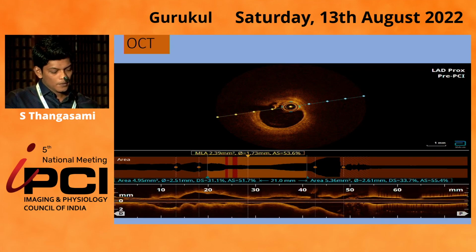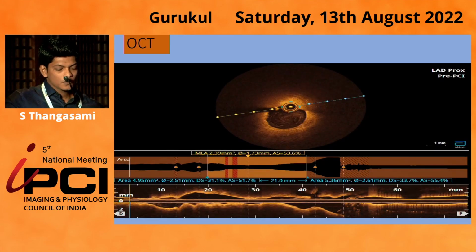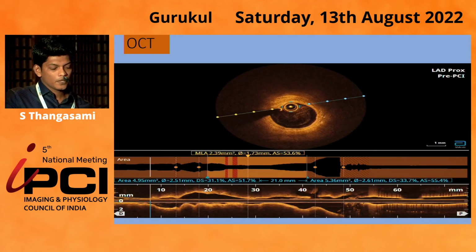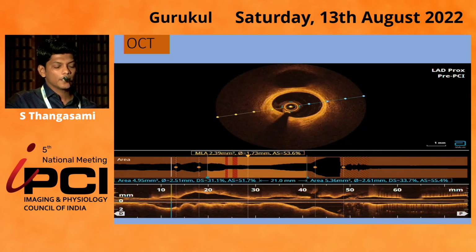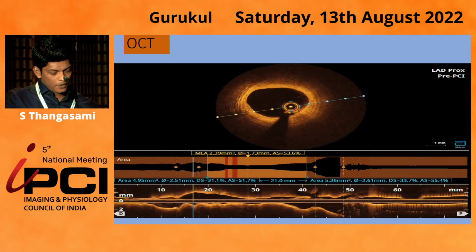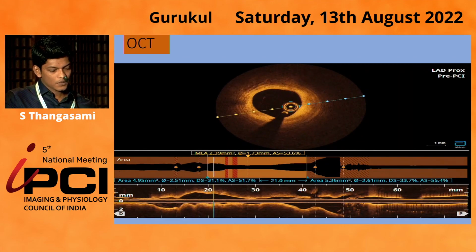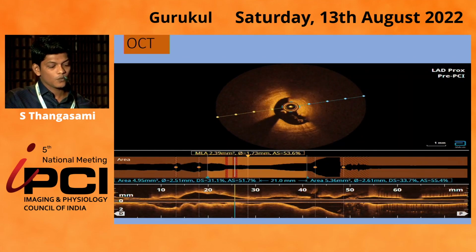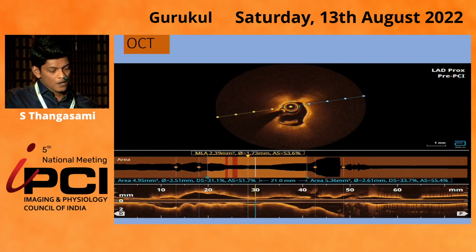So this was the OCT pullback. Distally there was a normal trilaminar appearance. There were a few luminal irregularities, and there was a fibrotic plaque with some areas of calcification and white luminal thrombus.